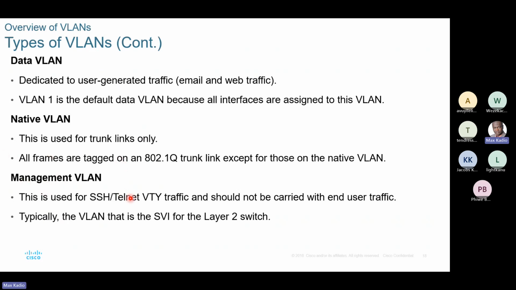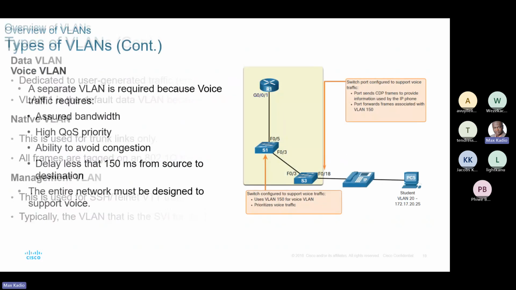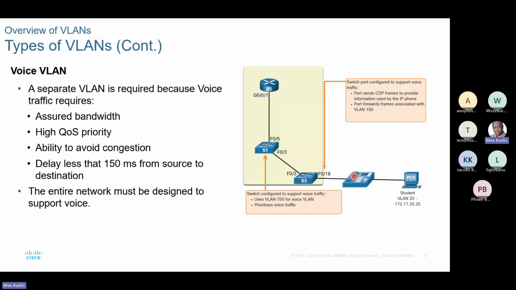Then we have the management VLAN. You're at home, you want to remotely log on to your switch to do some stuff, via the switch virtual interface, Telnet, SSH: that is the management VLAN. Then we also have the voice VLAN. If you have IP phones, you create a dedicated VLAN for voice, where all your IP phones will belong.